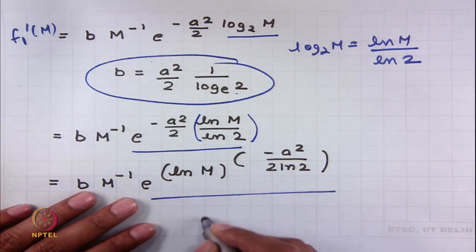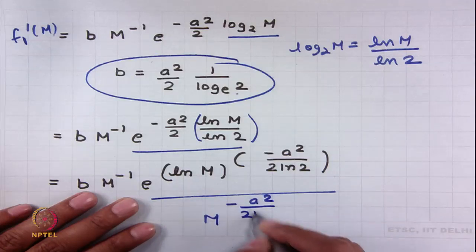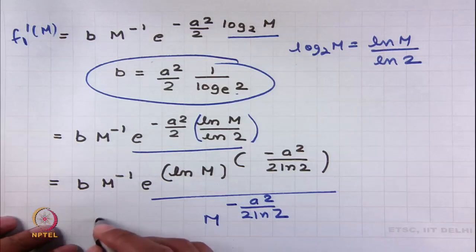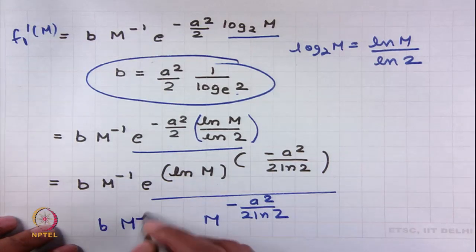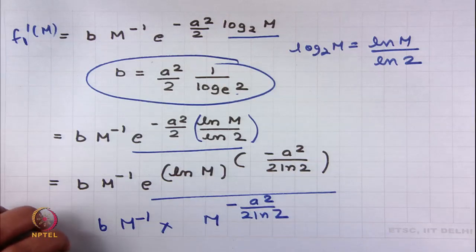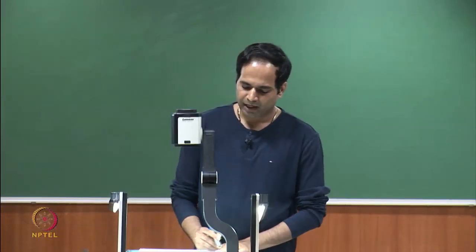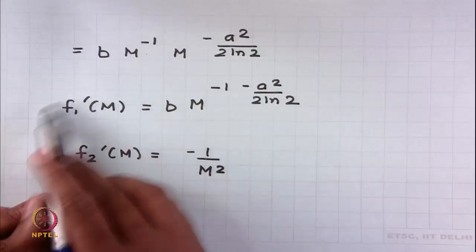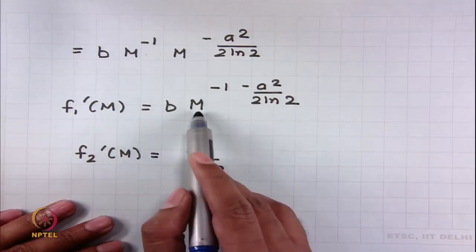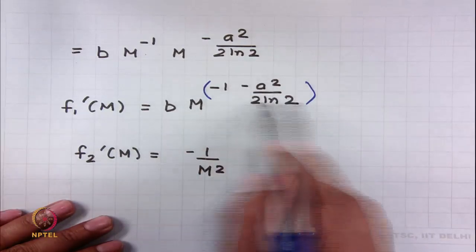This is simply m to the power minus a square by 2 ln 2. So, f1 dash m becomes b times m minus 1 times m to the power minus a square by 2 ln 2. So, this is what we have here, and thus I can write f1 dash m as also b times m to the power minus 1 minus a square by 2 ln 2.